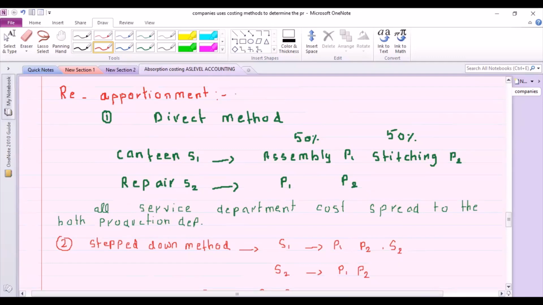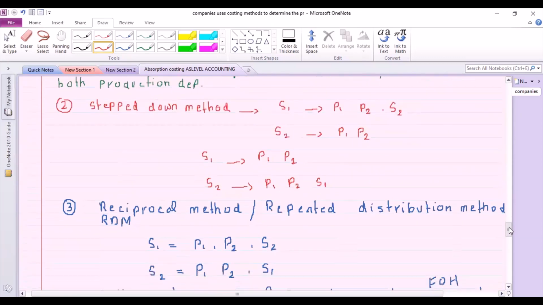We have basically three methods of reapportionment. The first is the direct method, the second is the step down method, and the third is the reciprocal method, or repeated distribution method.